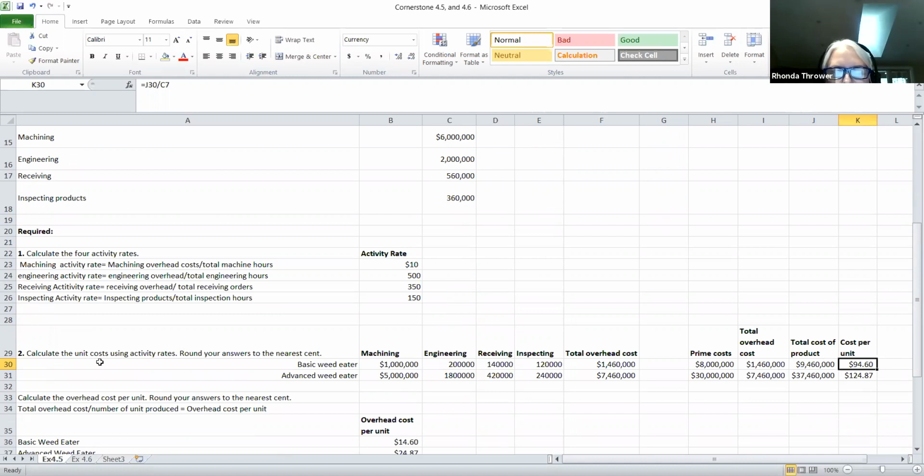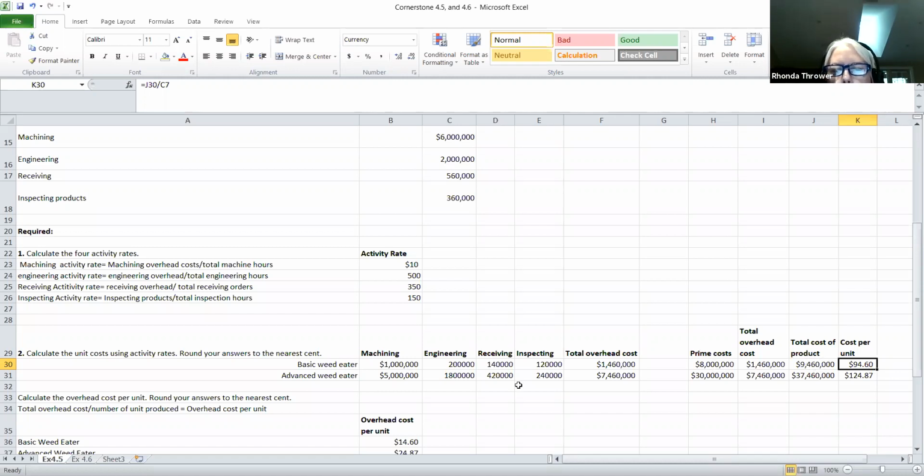They're asking you to calculate the cost per unit for this basic weed eater. So the manufacturing costs again are direct materials and direct labor, which they combine together as prime cost, plus your total overhead cost. Your total manufacturing cost or your total cost of the product is $9,460,000. That divided by the number of basic weed eaters that were produced will give you the cost per unit.